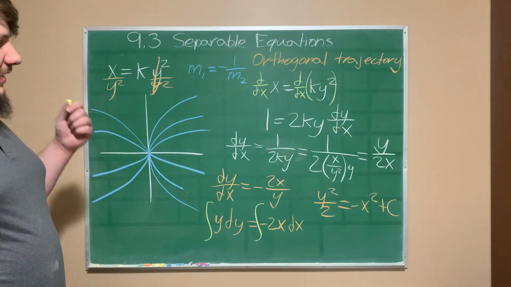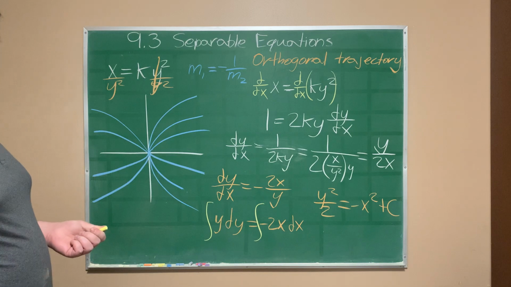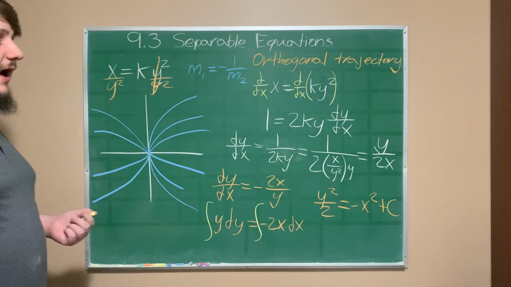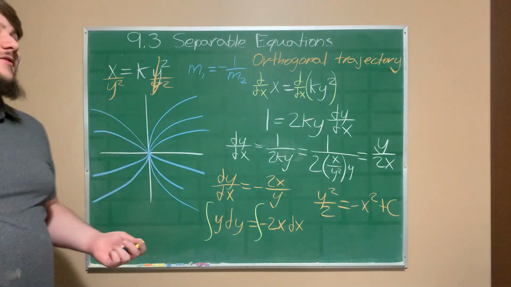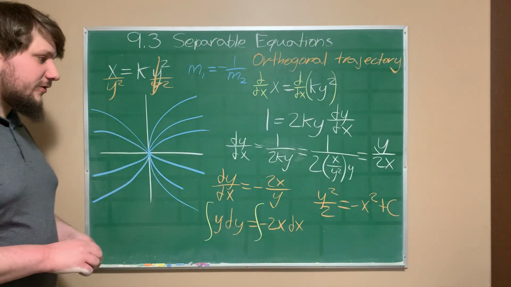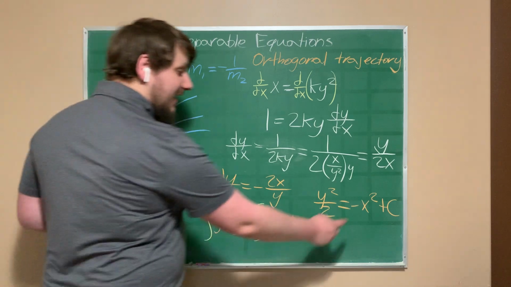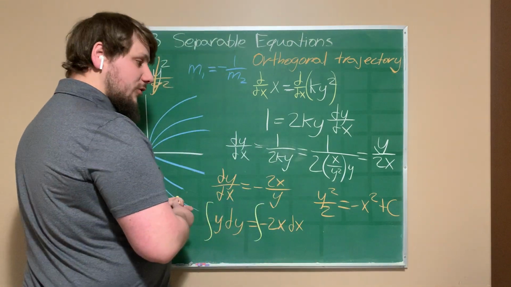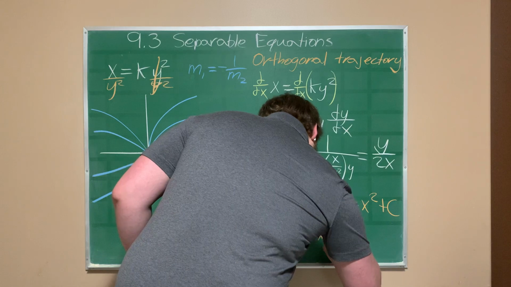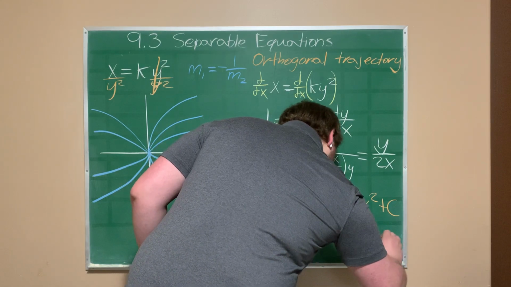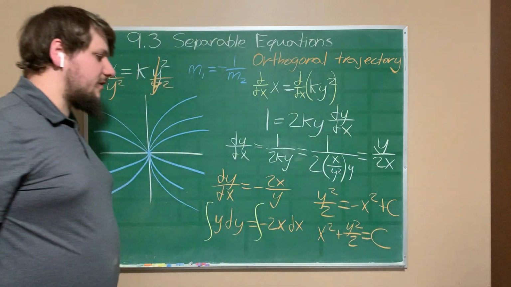Now, we could try to solve this equation for y, but in doing that, we'd end up just having a plus or a minus in our answer here. It's actually a little bit nicer to just leave it in this format, or very similar. I can add the x squared to both sides to make this a little more obvious. We're going to have x squared plus y squared over 2 equals a constant c.